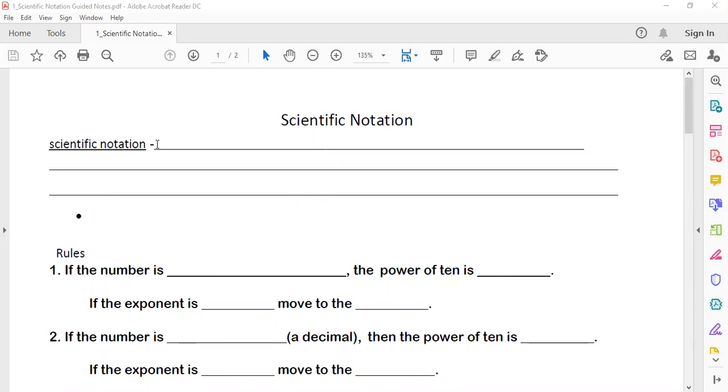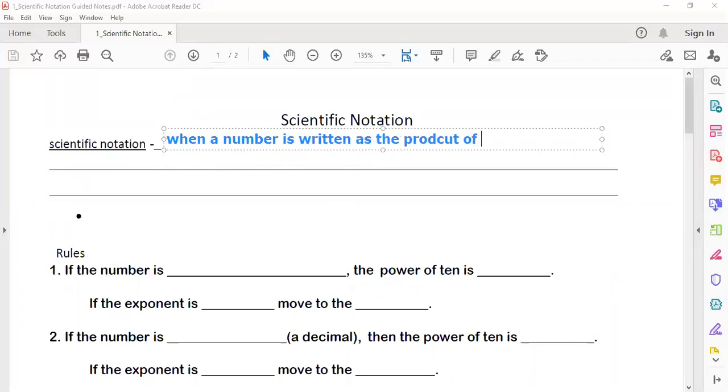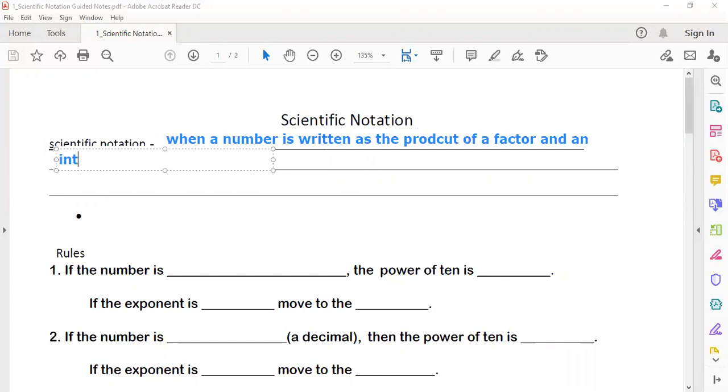Well, our definition for this is that it is when a number is written as the product of a factor and an integer power of 10.